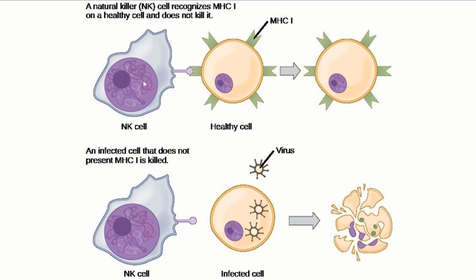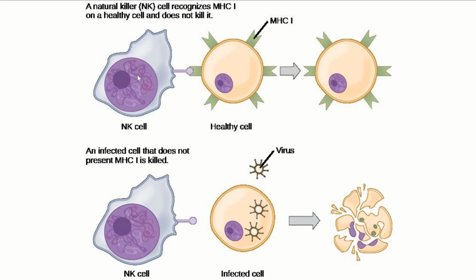MHCs also play a really important role in recognizing healthy cells. So natural killer cells don't have the ability to learn anything from MHCs like T cells do, but they do recognize whether or not a cell is healthy. So sometimes when a cell is infected, the infection will cause it to stop making MHCs.